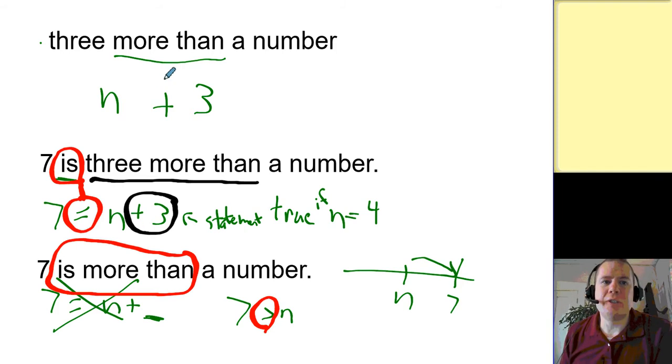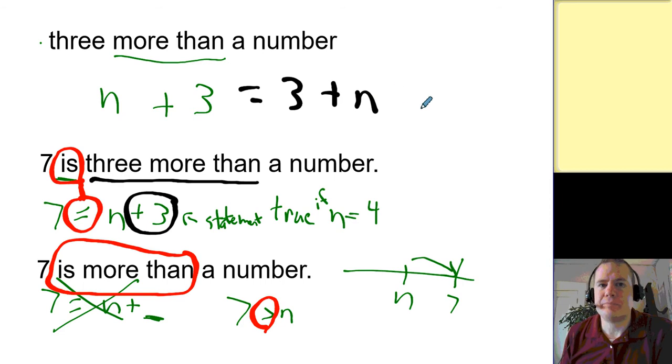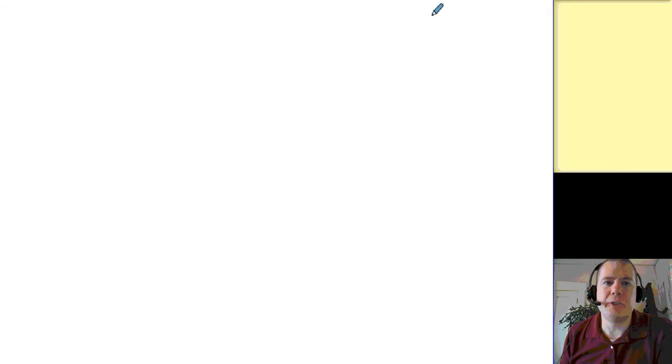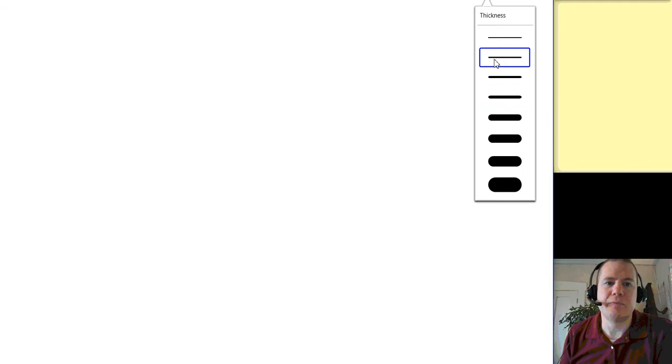Now with addition, n plus 3, 3 plus n means the same thing, right? 3 plus 4, 4 plus 3, addition's commutative. We're fine with that. But we want to be careful in our translation because not every operation is commutative.